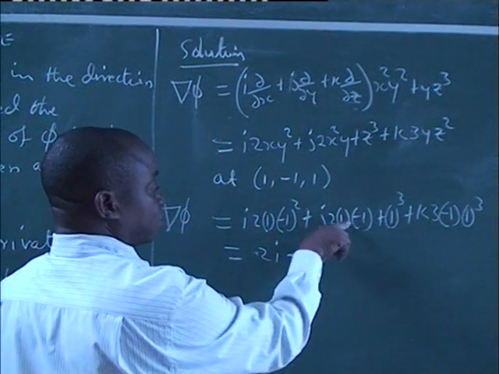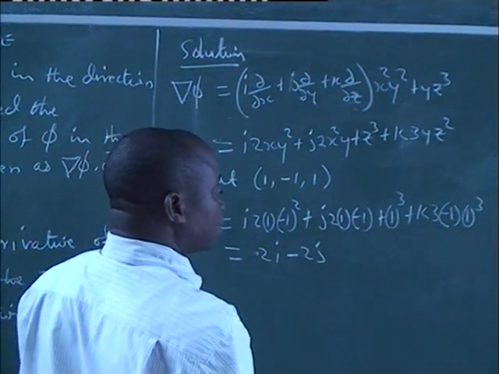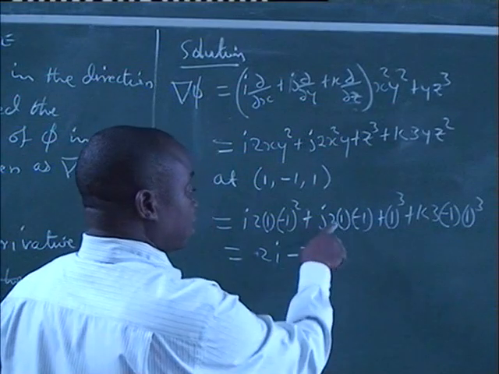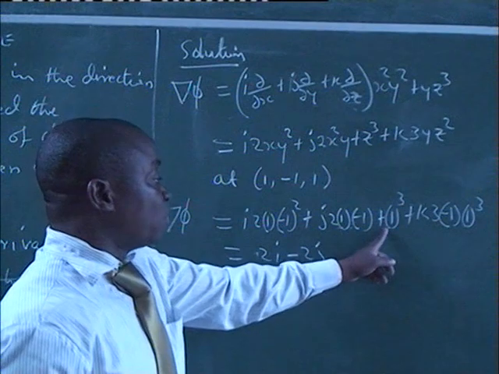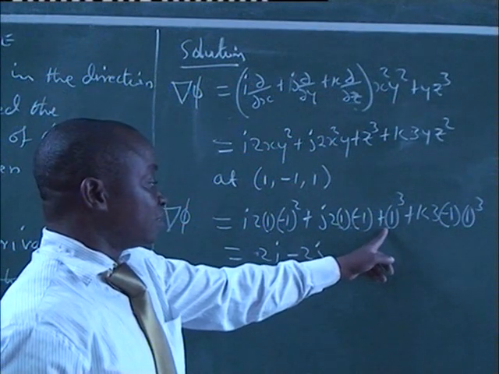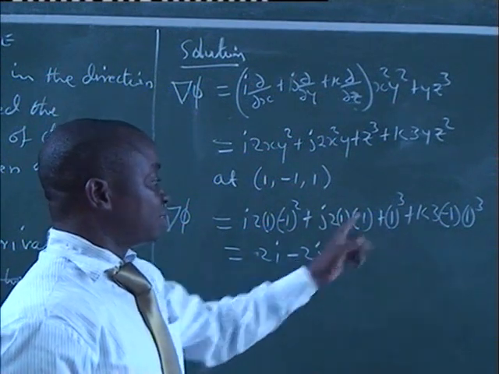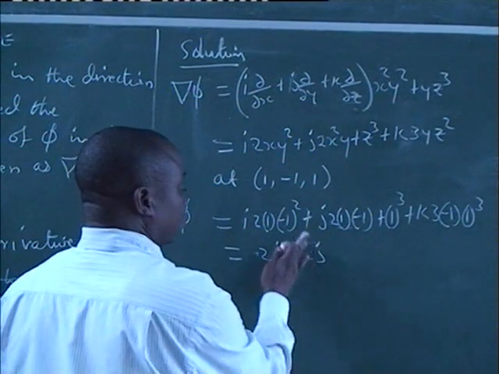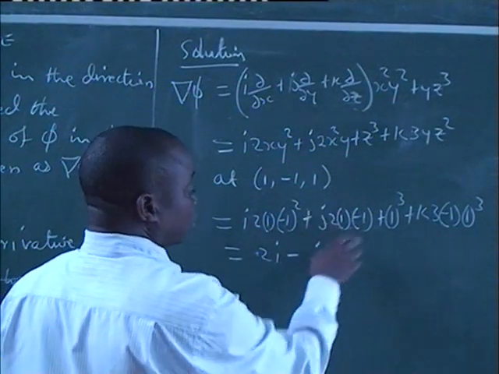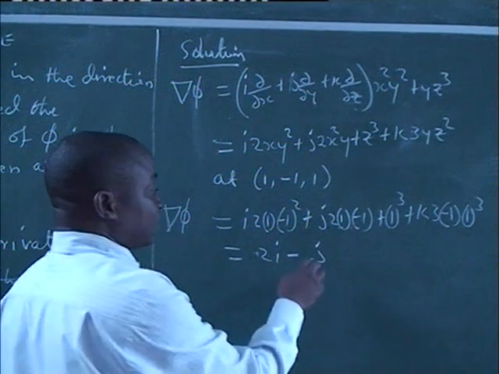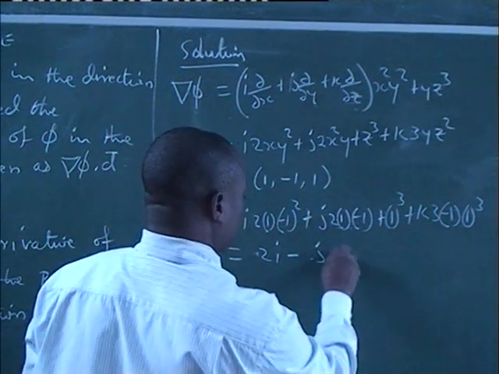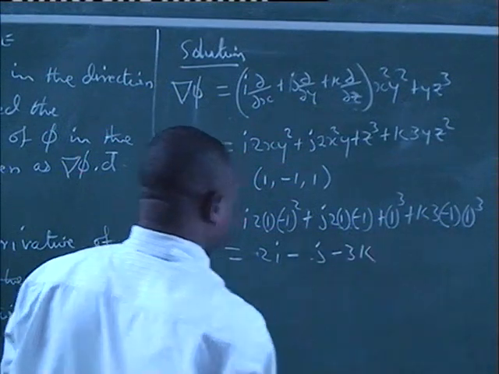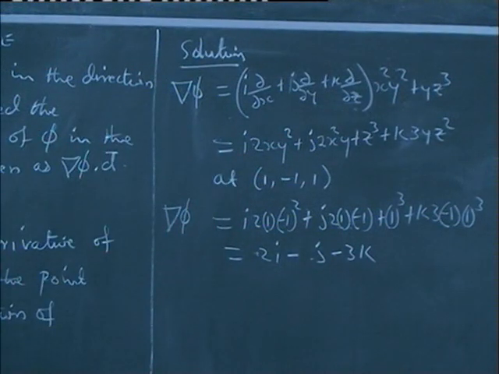Yeah, minus 2. Okay, we have here minus 2 plus 1. Look at that, minus 2 plus 1 will give us minus 1, so minus j. Then here will give us minus 3k. So that is what we have.